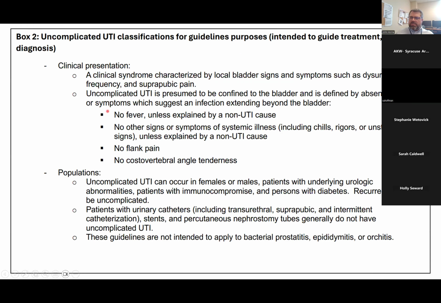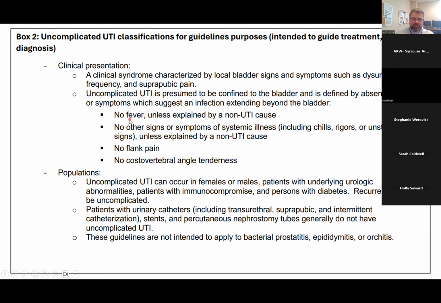And then here, this is essentially going to reinforce what we were just looking at. So uncomplicated UTI classifications, and this is for guideline purposes intended to guide treatment, not diagnosis. Okay. Clinical presentation. So again, it's characterized by local bladder signs and symptoms: dysuria, urgency, frequency, suprapubic pain. Uncomplicated UTI is presumed to be confined to the bladder.